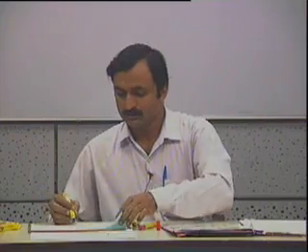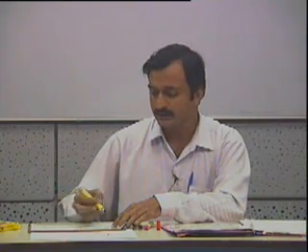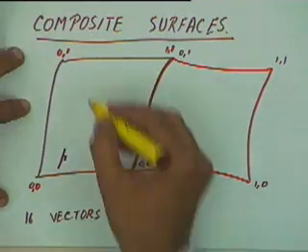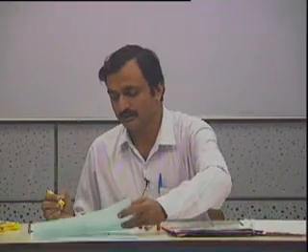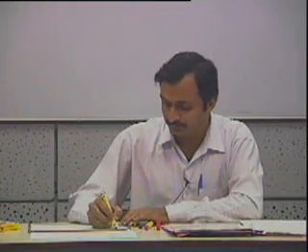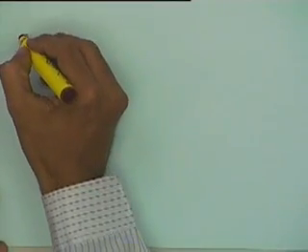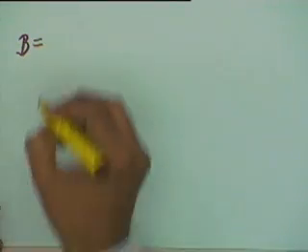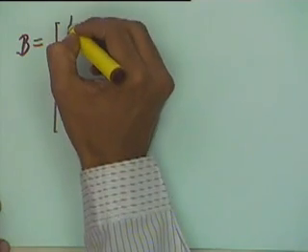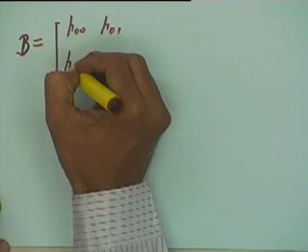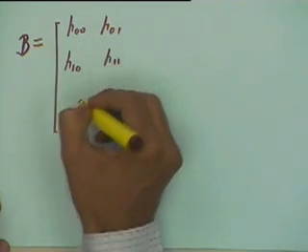Okay, so let's see how we can ensure that there will be a C1 continuity between these 2 surface patches. Let's take the standard geometric form for the input for both of them. For this surface, if you write down the standard geometric form, we will get B, the geometric input matrix, as P00, P01, P10, P11.